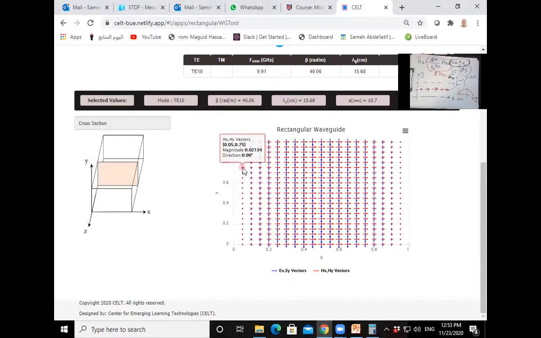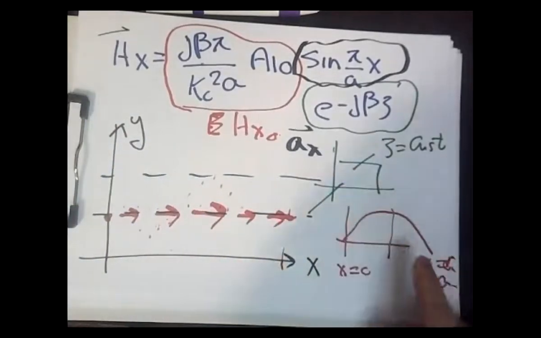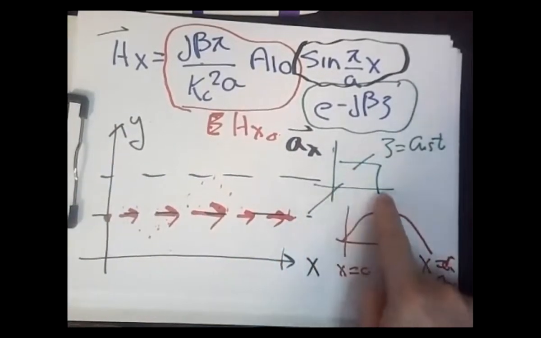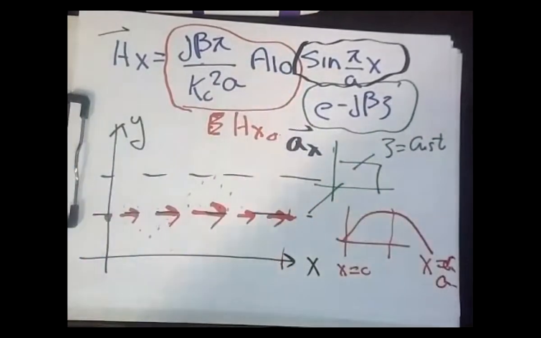Now, the final stage of this lecture is, what about the surface current? We are interested in plotting the surface current of our rectangular waveguide. Of course, we have 4 surface currents: at x equals 0, at x equals a, at y equals 0, and at y equals b. I am going to plot one of them, and then you can repeat the other 3 in the same manner.